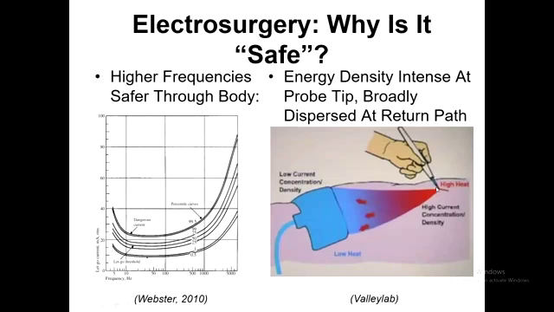Here's a depiction of the cutting being done with that stylus at a point, and you can see that the return path is spread over the area of the return pad.